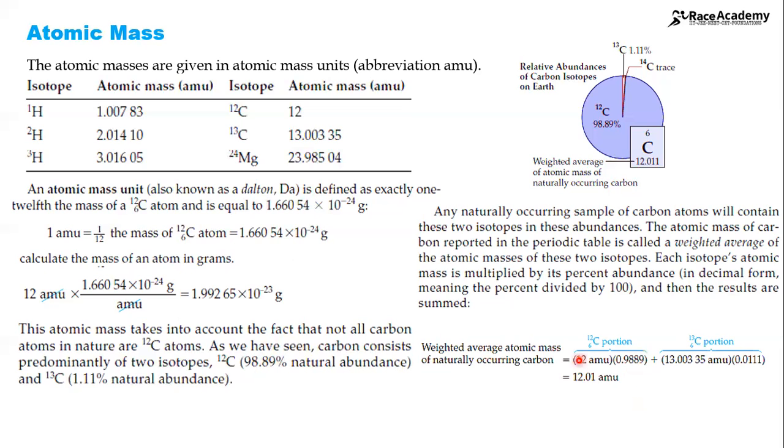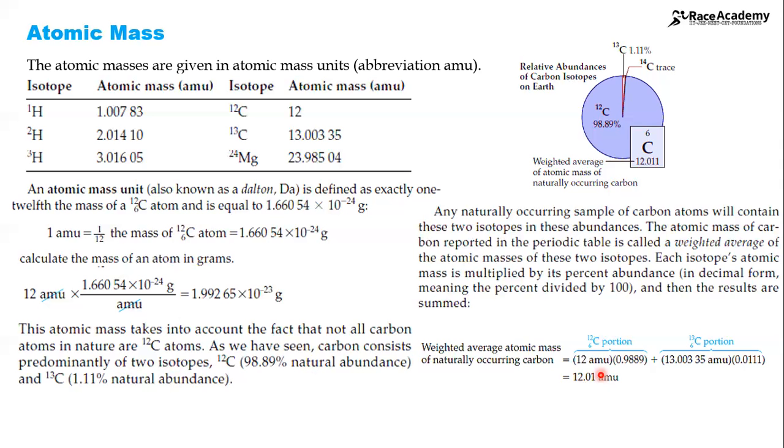Like that for carbon-13, and the total came to 12.01, which is very close to 12. Except for carbon, all the remaining elements are a little different, but carbon is exactly close to 12. That is the reference element for atomic masses.